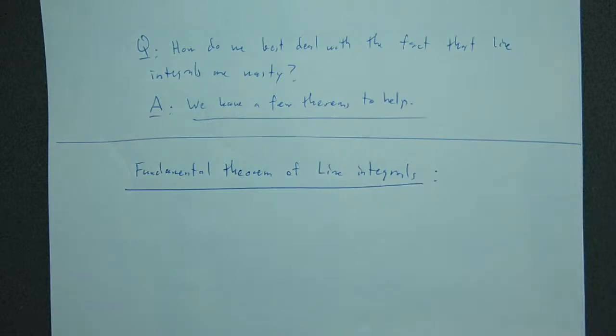And then, if you go to Calc 1 and how you did derivatives and integrals, once you got to the point where you had defined the definite integral and then you were ready to link up this integral with the notion of an antiderivative, you had two theorems. Technically, they were usually combined, or they were numbered. And those were called the fundamental theorems of calculus. They were the things that told you that these quantities that you were computing, derivatives and integrals, were inverse operations to each other. That's basically what they were telling you.